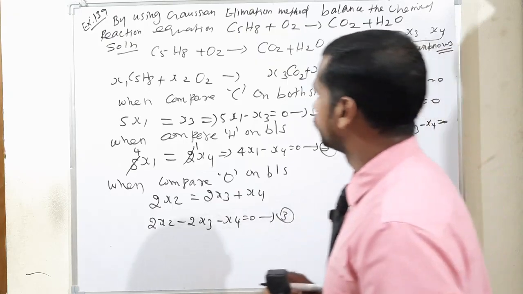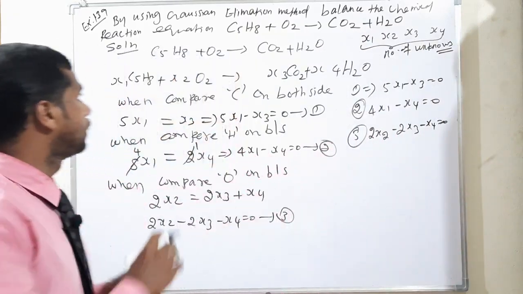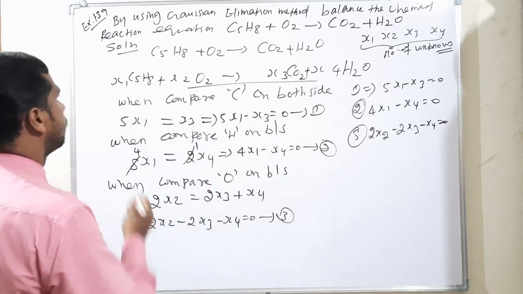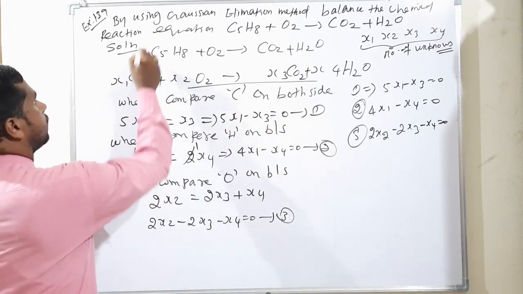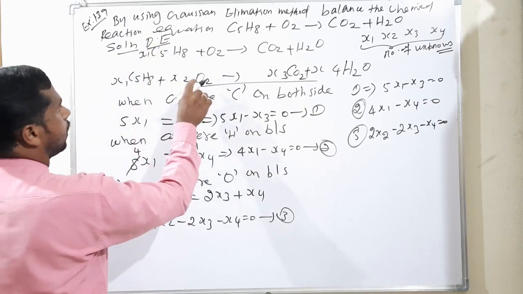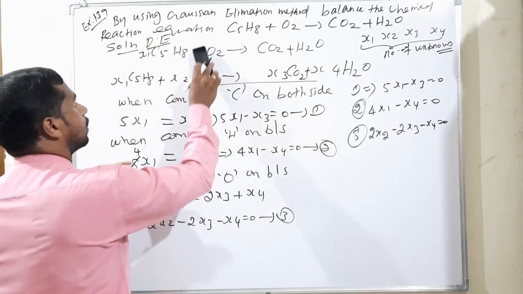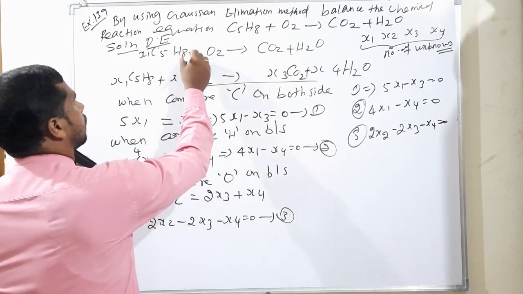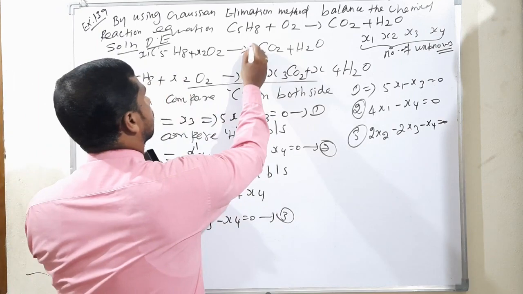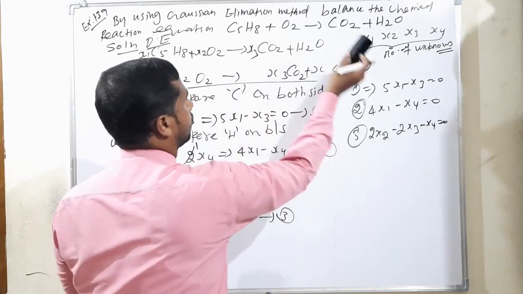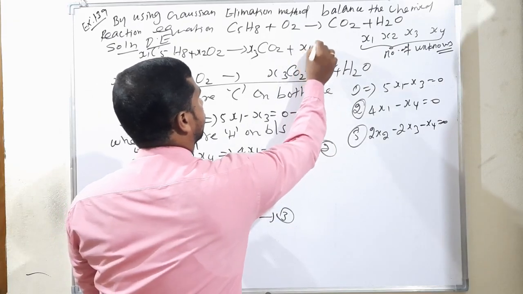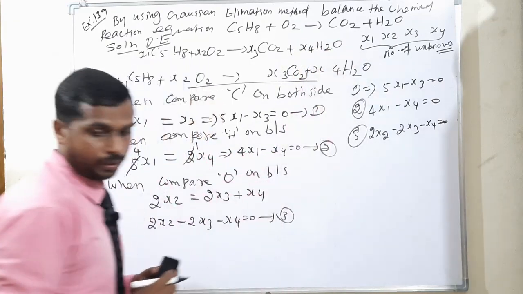Then we also need the original equation, OE: x1 C5H8, x2 O2, x3 CO2, and last x4 H2O.